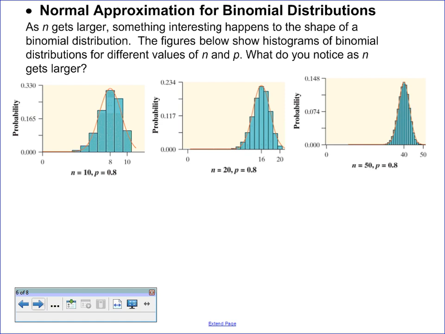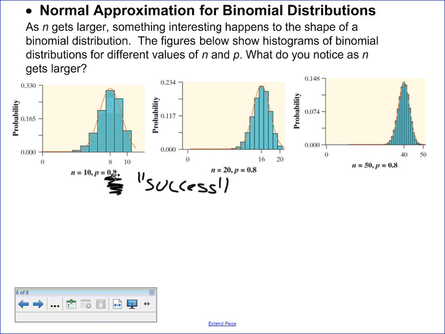And here's where it gets really interesting: if our sample size is large enough, the binomial distribution becomes approximately normal. And so as n gets larger, we have a situation here. This is our probability of, remember, P is the probability of success. And remember, the success doesn't mean a positive outcome, it's just how we define the problem.